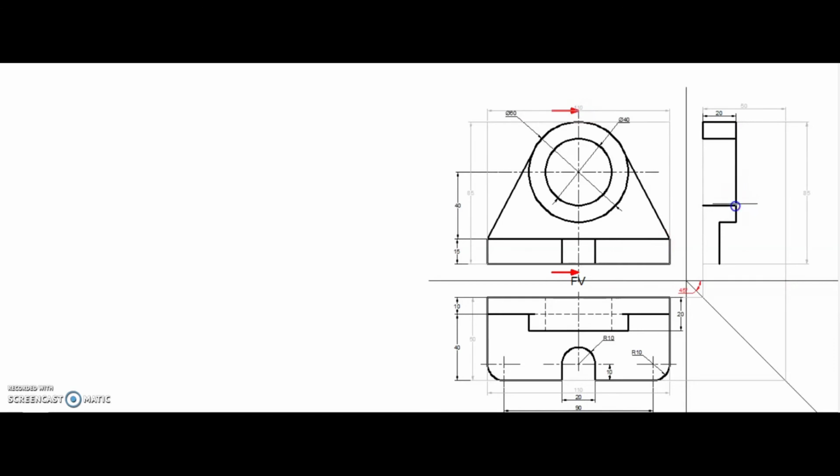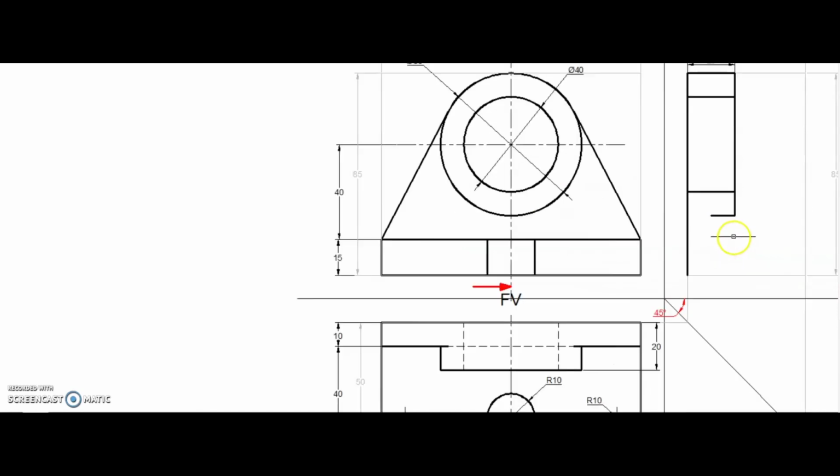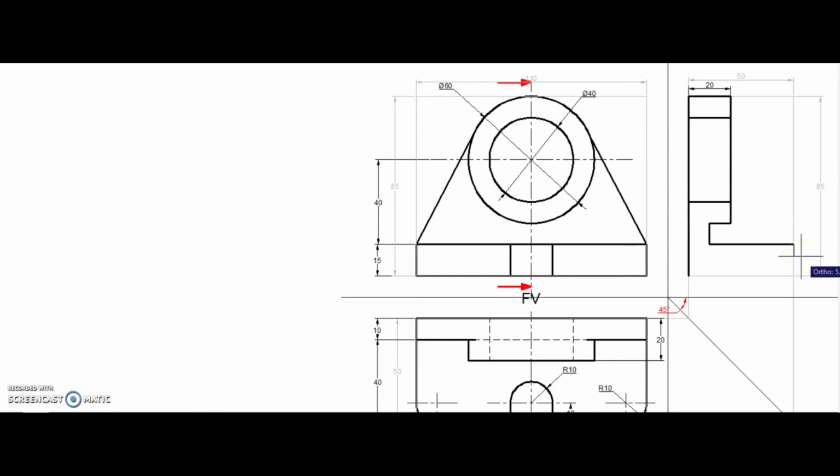Now join this, join it up to here. Now we have to correct this. For the height of this line, take this projection and draw it up to here, and then draw this line up to the right side of the frame.